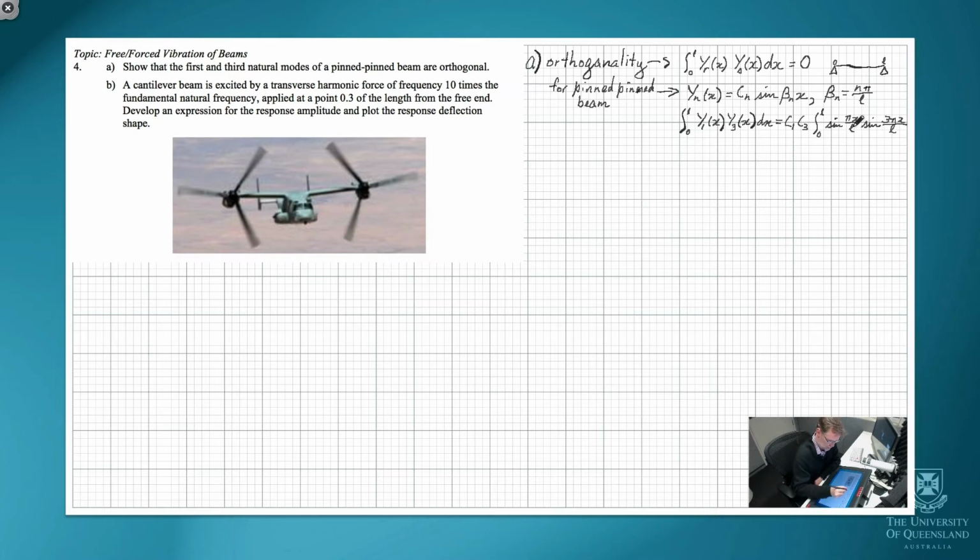Now, from your first year maths, you would have learnt how to do this integral, but you can also just look it up in tables.